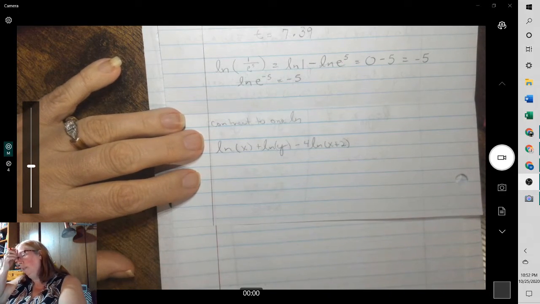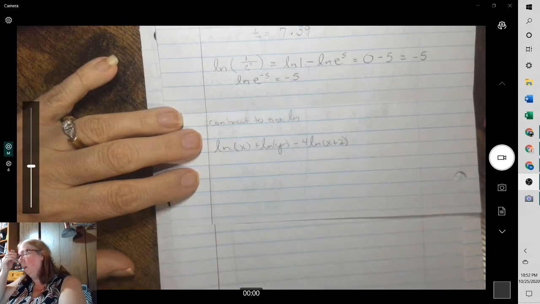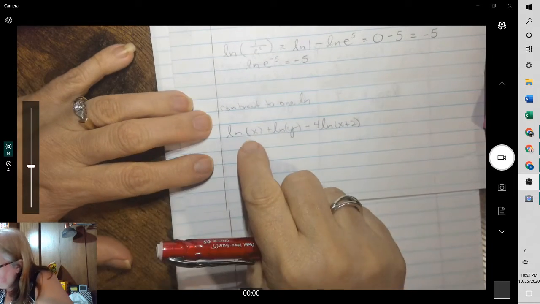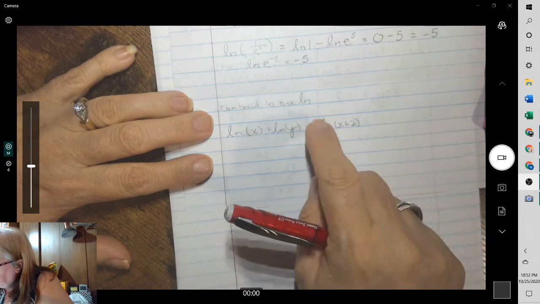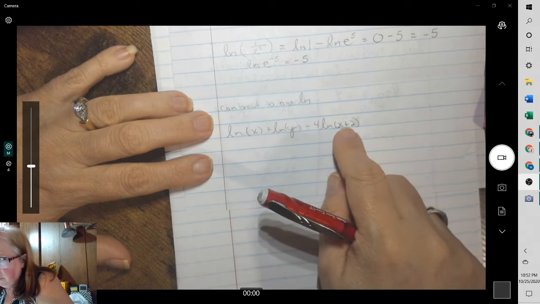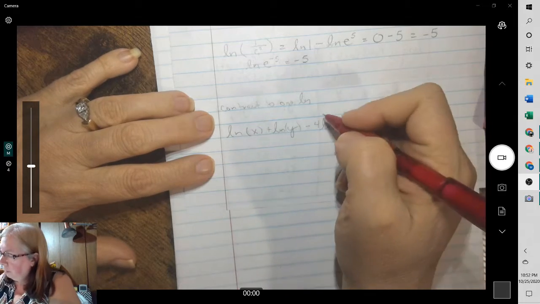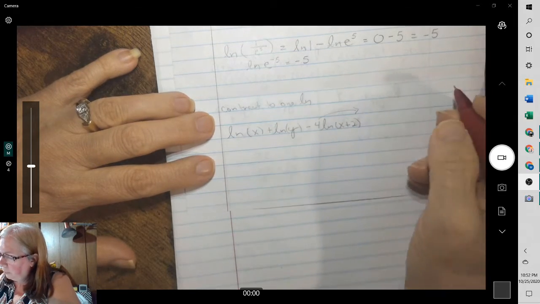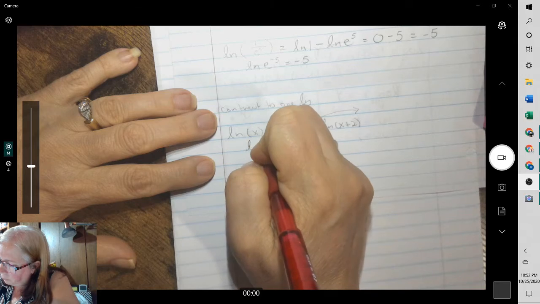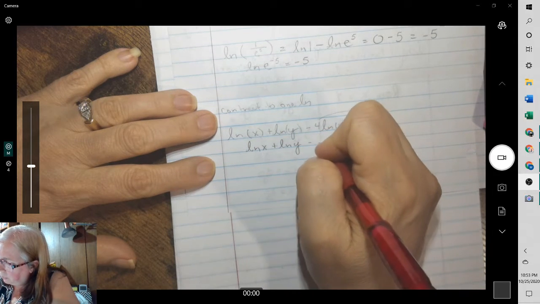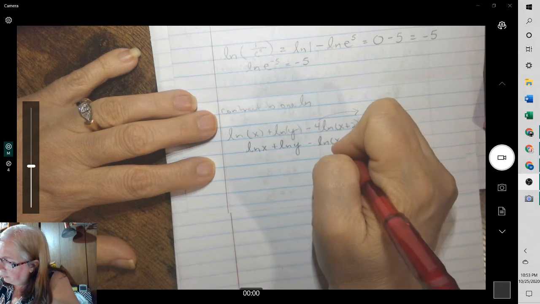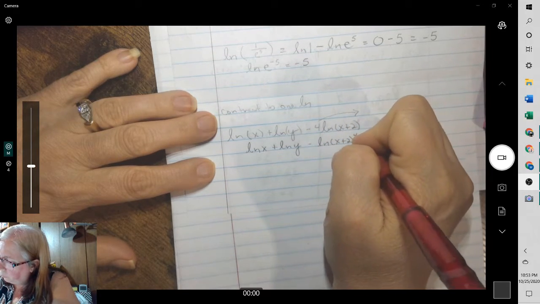On this one, we want to contract it to 1 natural log. Well, these two get multiplied because they're added. This one, it's subtracted, it would get divided. But before we can do that, we need to move the 4 back up. So we have the natural log of x plus the natural log of y minus the natural log of x plus 2 to the 4th.